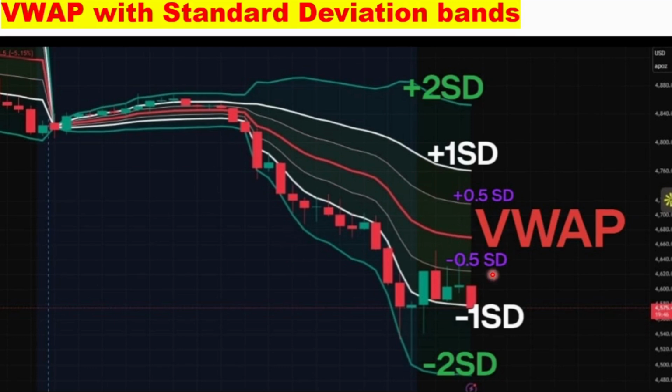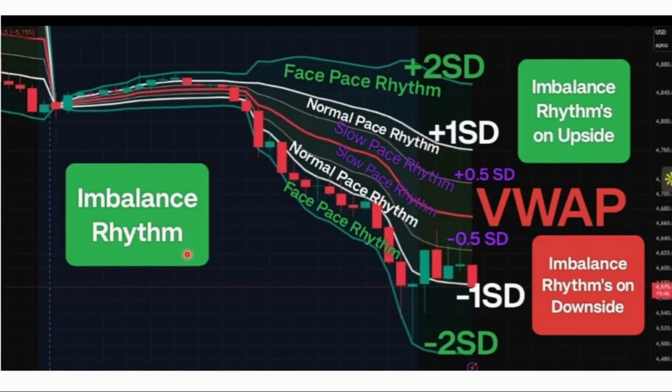So now that we have identified VWAP and the standard deviation bands, let's talk about VWAP rhythm. I look at VWAP, which is that red line, along with the pink line above it, the plus 0.5 standard deviation band. If the price is moving between these two, I consider it a slow paced upward rhythm.